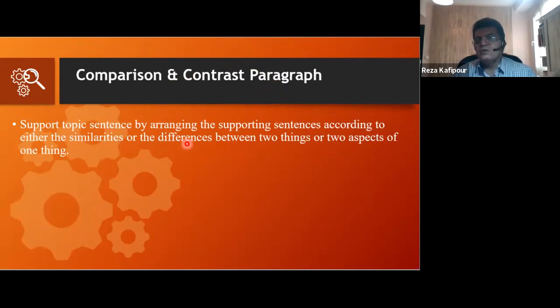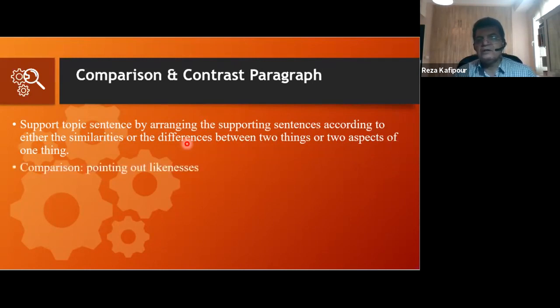It means that all supporting sentences try to support the topic sentence by discussing similarities or differences between two objects, two persons, two concepts, or two aspects of a single object, a single person, or a single concept.